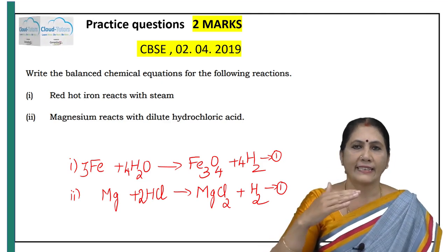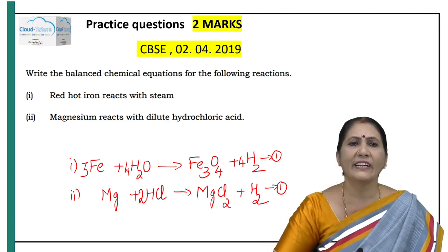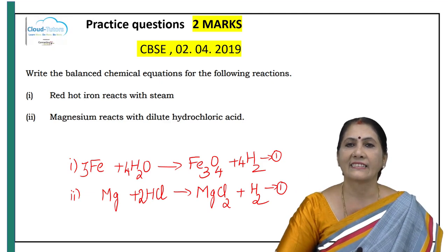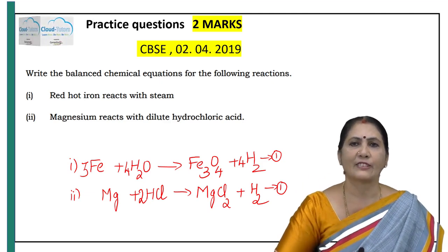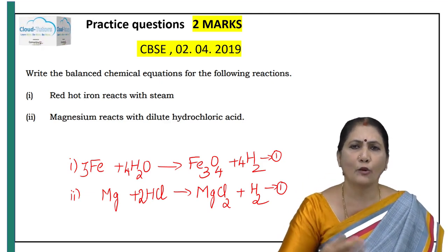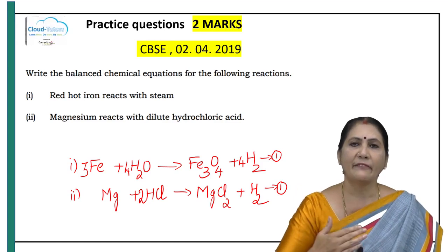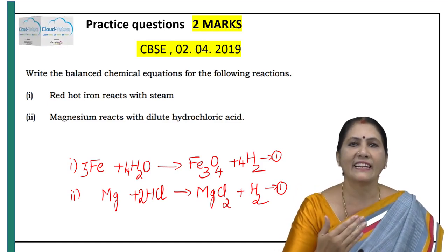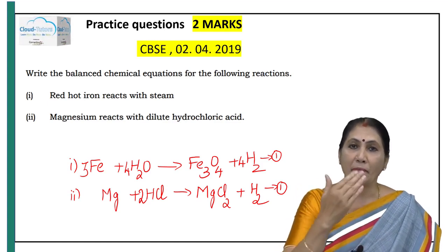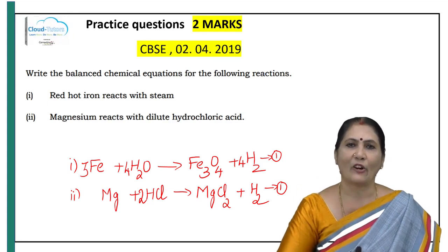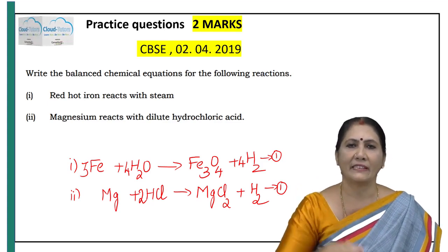So in today's class, we have seen some of the equations as self-balanced equations, the equations balanced on their own. But some equations we have tried balancing based upon the method called the hit and trial method.